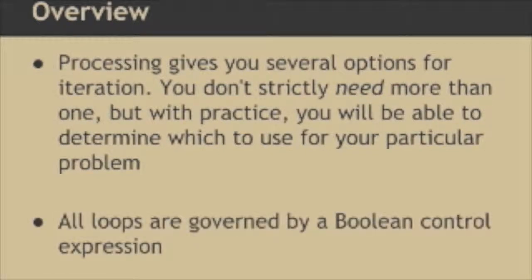All of the loops that we're going to cover are governed by a Boolean control expression. So just like our if statements in Chapter 4 were governed by a Boolean control expression, so our loops are also governed by a Boolean control expression. So hopefully what you learned in Chapter 4 stuck, because you'll be able to apply that in this chapter as well.